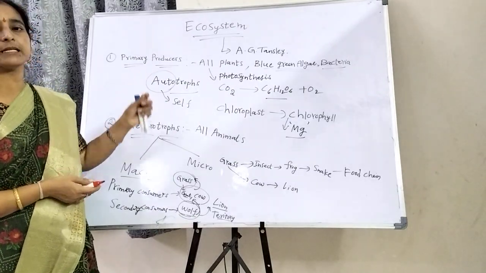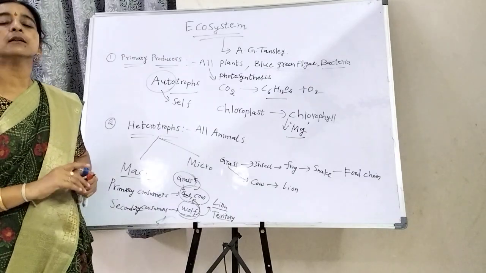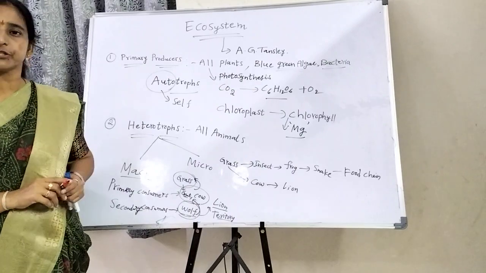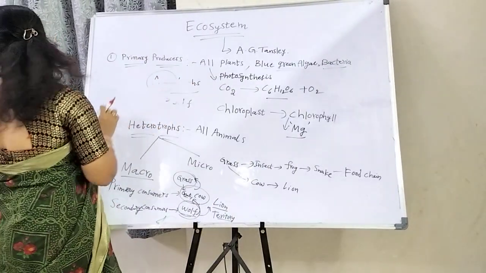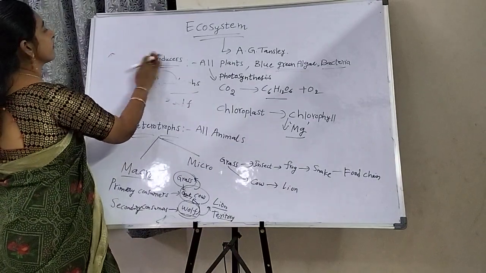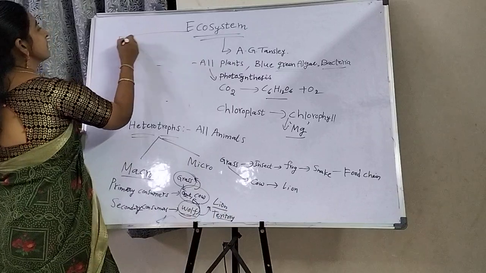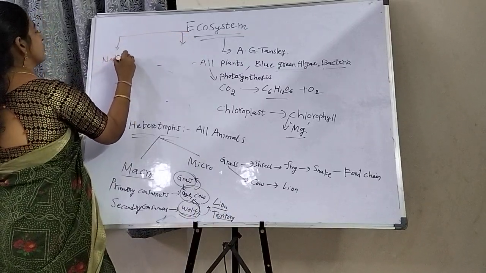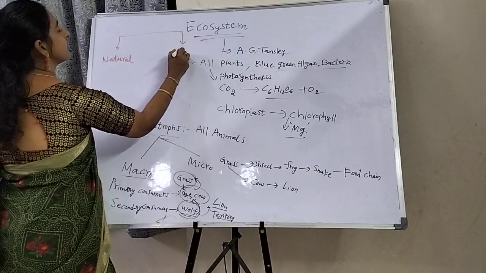Generally, there is a natural ecosystem and an artificial ecosystem. Ecosystems are of two types: the natural ecosystem and the artificial ecosystem.